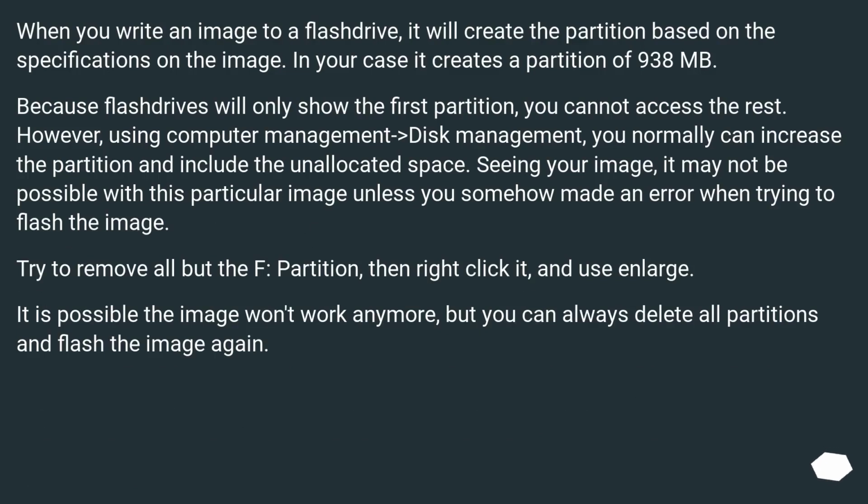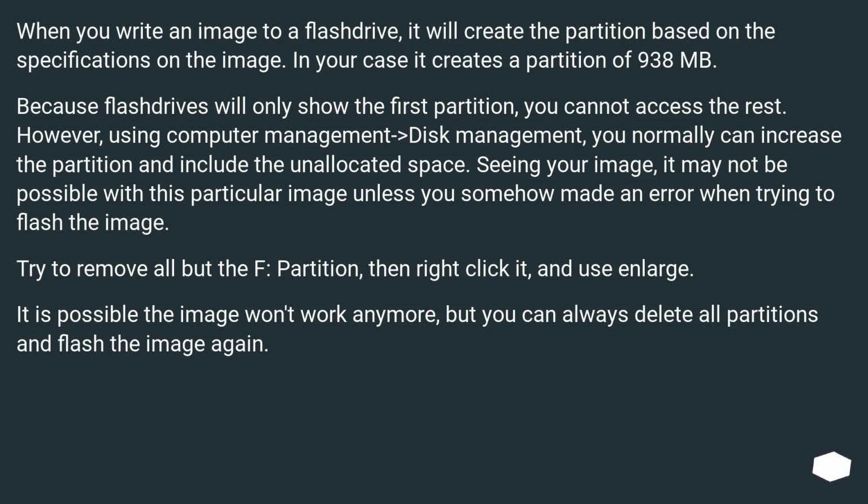When you write an image to a flash drive, it will create the partition based on the specifications in the image. In your case, it creates a partition of 938 MB. Because flash drives will only show the first partition, you cannot access the rest. However, using Computer Management and then Disk Management, you normally can increase the partition and include the unallocated space.